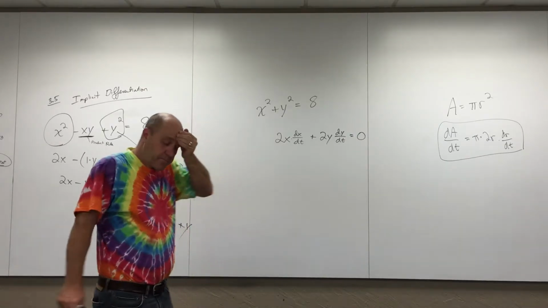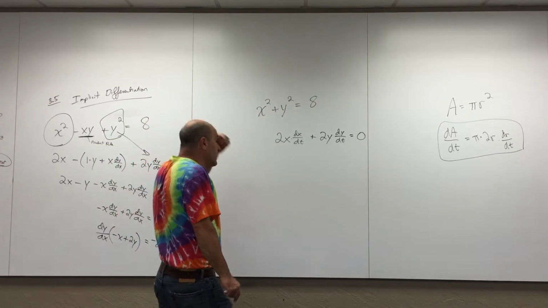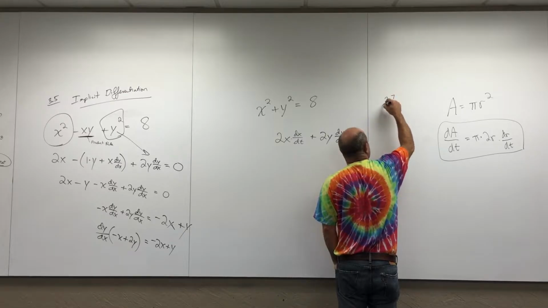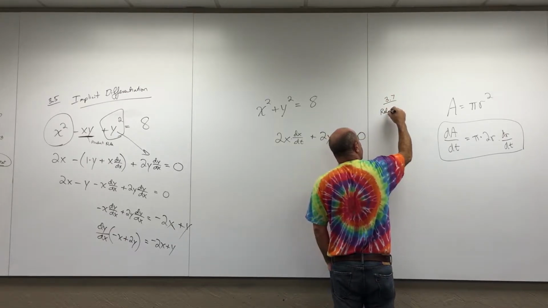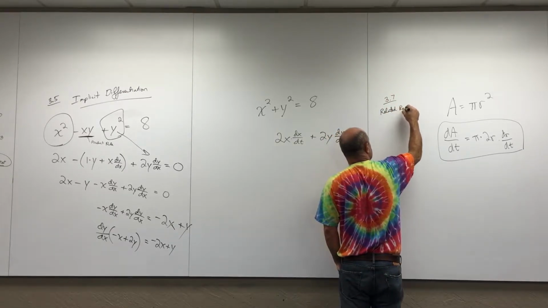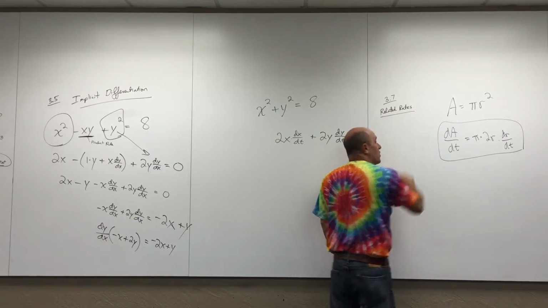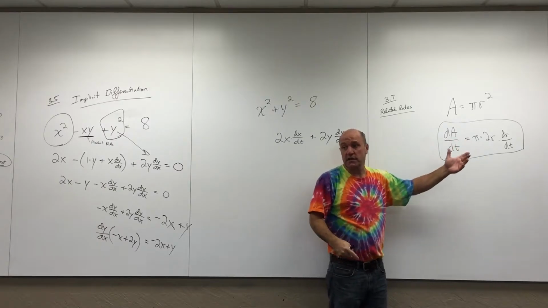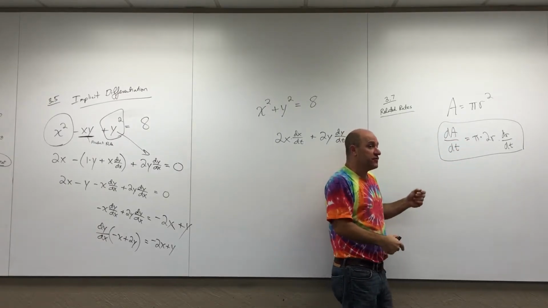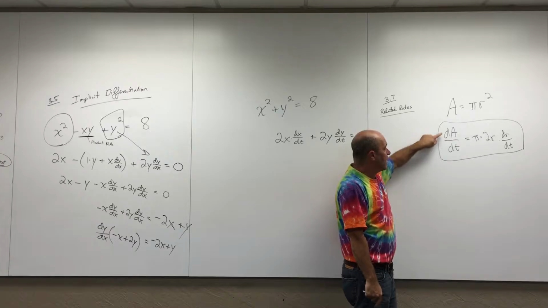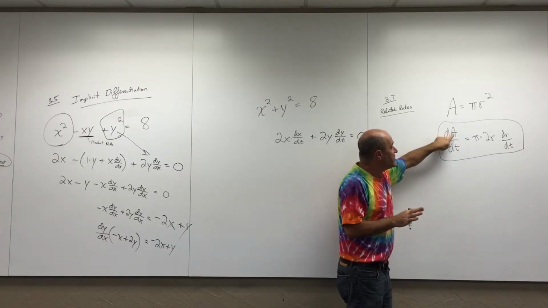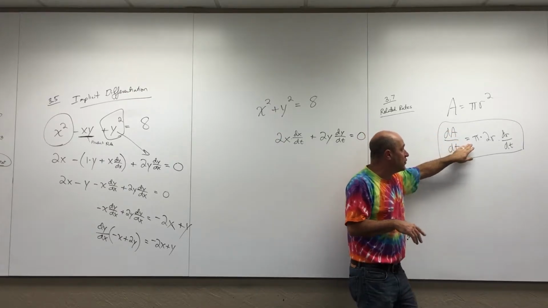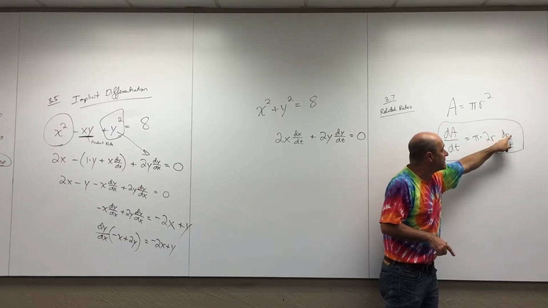See, what I just did was I just leaped into a section called 3.7. The title of this section is Related Rates. And so what we have here is related rates of change. When I decided to take this derivative with respect to t, what I have is the rate of change of the area with respect to t, and how does that relate to the rate of change of the radius with respect to t.